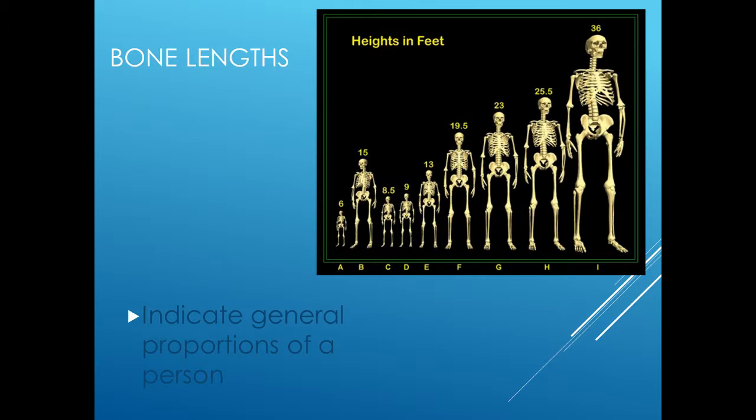That's the rule, but there are exceptions, where somebody may have a longer torso, or someone may have longer legs but from the torso up they're regular size. There are different proportions, but as a rule, the bones are usually proportionate to the rest of the person.